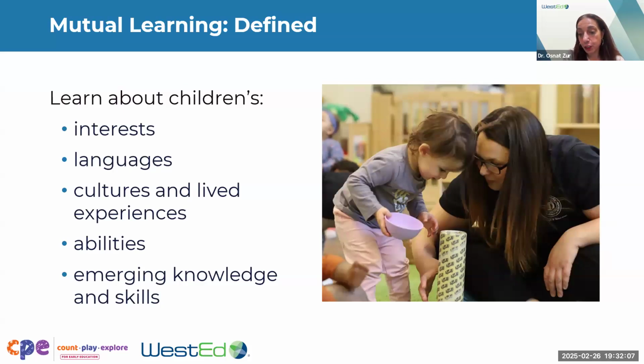And as educators, you use what you learn about children to plan learning experiences and environments that best support their learning and are tailored to where they are developmentally and who they are as learners. So mutual learning is really at the center of this approach and informs the ways we use other M5 practices. Because once you know more who the child is, you may consider what language, right?